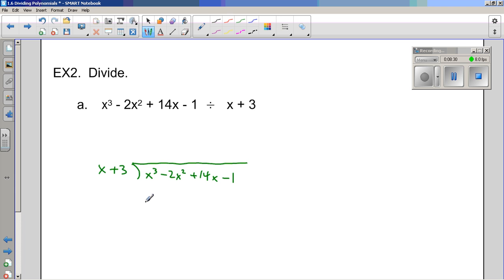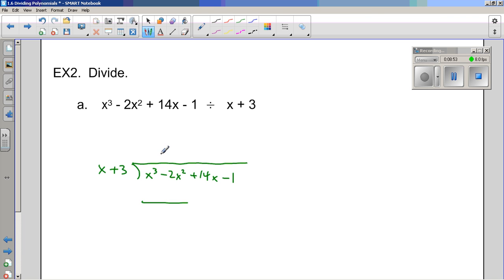But what we want to do is we want to have something here, so when I multiply and subtract, this number's gone. That's the idea of the subtract being less than what we started with. So what would I need to multiply by so when I subtract, I end up with a 0 right here?